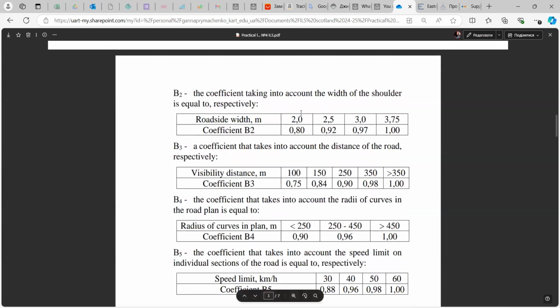So you find this information, remember it, and write on your list or in your document only the information about coefficient b with index 2. It is 0.80, or 0.92, or 0.97, or 1. It is also only the coefficient without any other information in meters, tons, or other units. Okay, we find it.